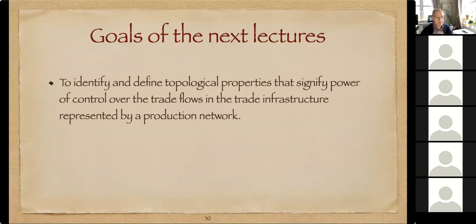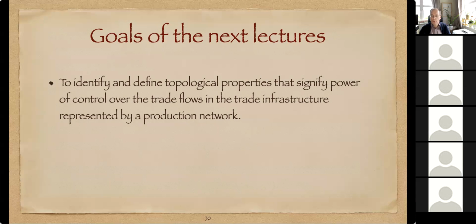What I am going to do over the next lectures, in particular the next lecture, which is in a few minutes after our break, is to define topological properties, to look at flow structures in particular, connectivity as we call that. That is very, very important. And the control of flows in the production network is very, very important.